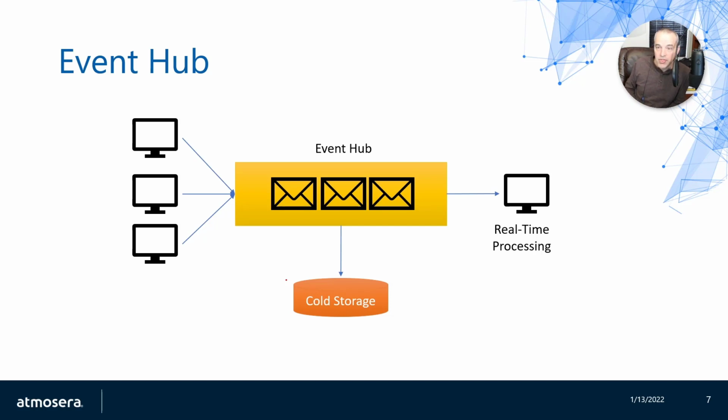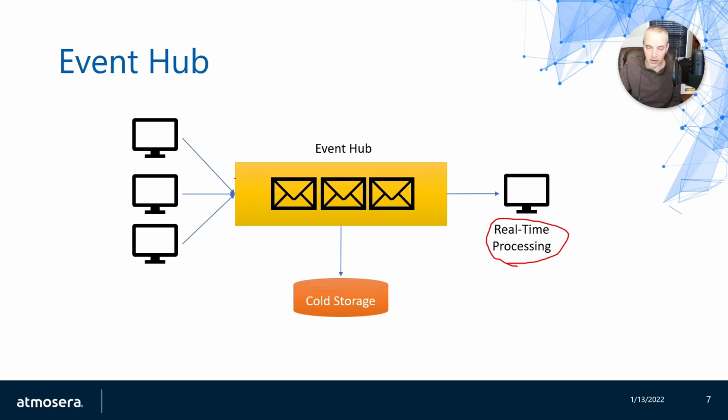And so the intent of Event Hub versus something like Service Bus is this right here, and that's real-time processing. Real-time processing in the context of Event Hub is designed to stream messages from producers. So you have all of these producers over here that are producing messages. I mean, you could get thousands of producers of messages and then scale that exponentially, and you end up with potentially millions of messages flowing into an Event Hub.